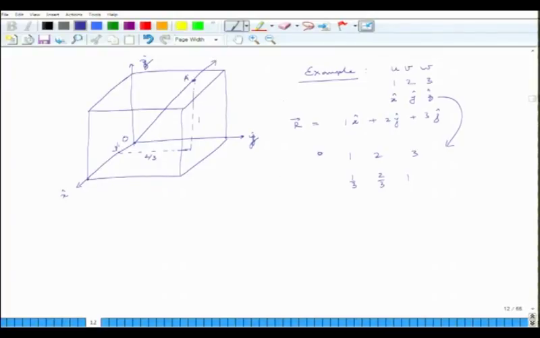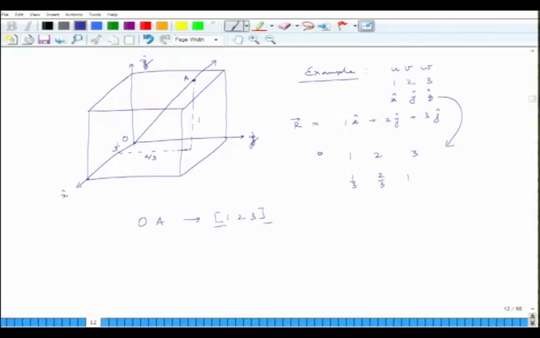So, this is A, and this is the direction OA. OA is nothing but the [1 2 3] direction. So, a single direction is determined by these square brackets, and a family of directions is given by angle brackets, <U V W>. So, this is a single direction, and this is a family of directions.